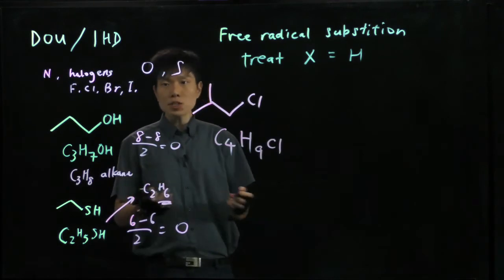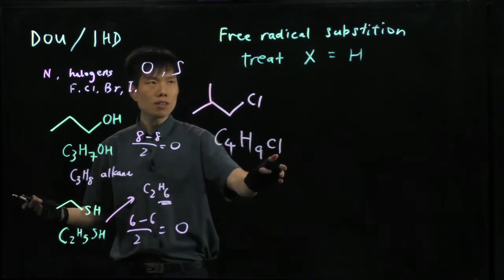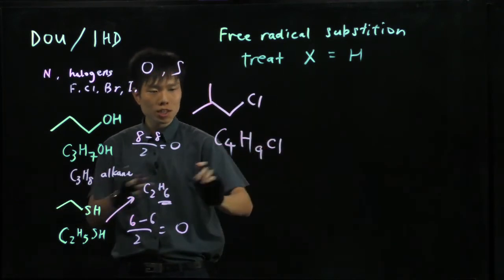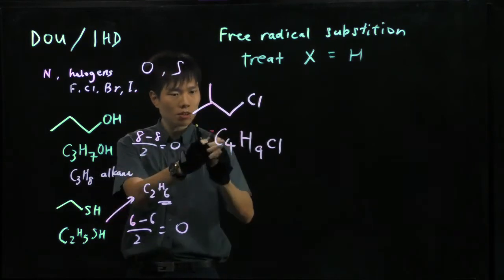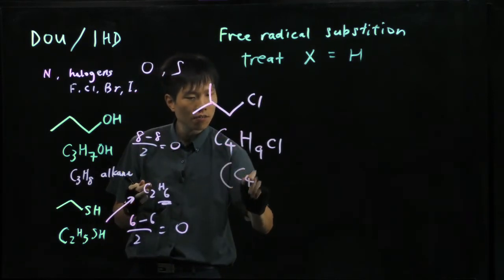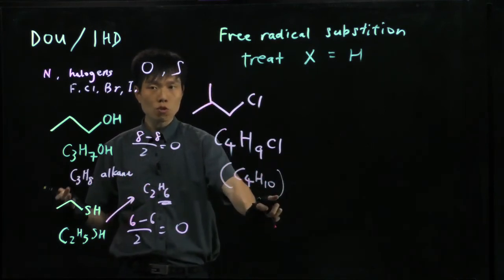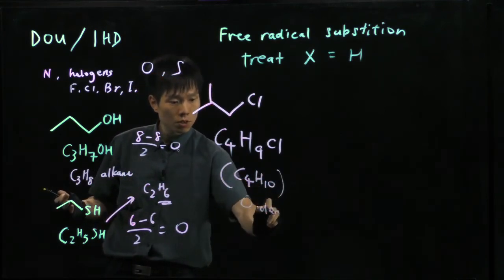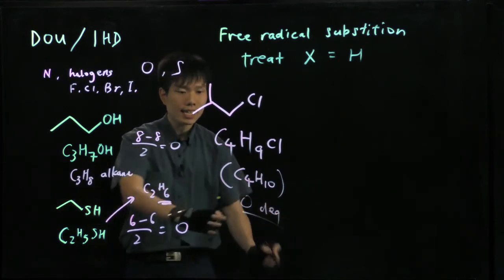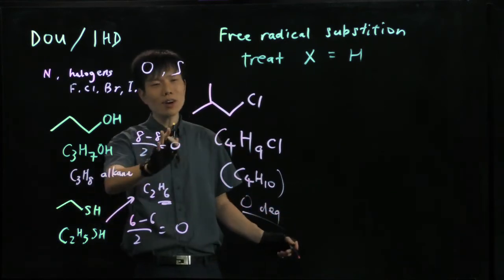Why? Because I could subsume this chlorine, which is a halogen, into a hydrogen. So when I'm seeing this molecule, I'm thinking of a C4H10 kind of degrees of unsaturation, which is 0 degrees. And indeed, in the structure, there are no pi bond and no ring.